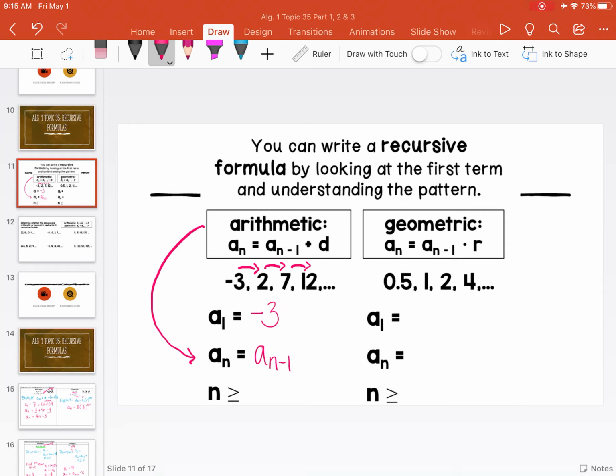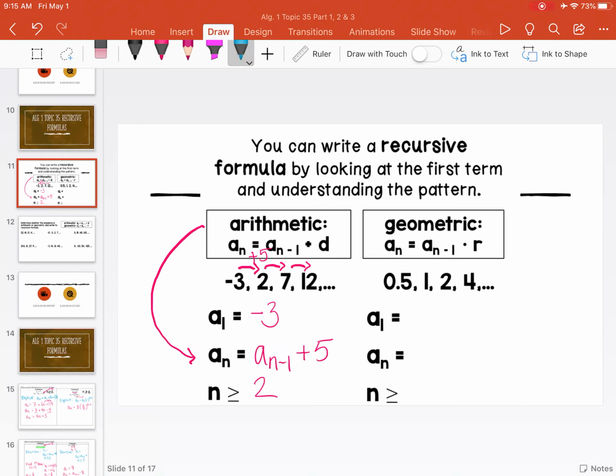So in order to get from -3 to 2, from 2 to 7, from 7 to 12, we're adding 5 every time. So my pattern is a sub n equals a sub n minus 1 plus 5. And this works for finding the second term and up. That last part is always consistent. It's always going to be for finding the second term and up. We don't need to worry about the first term because the first term is given.